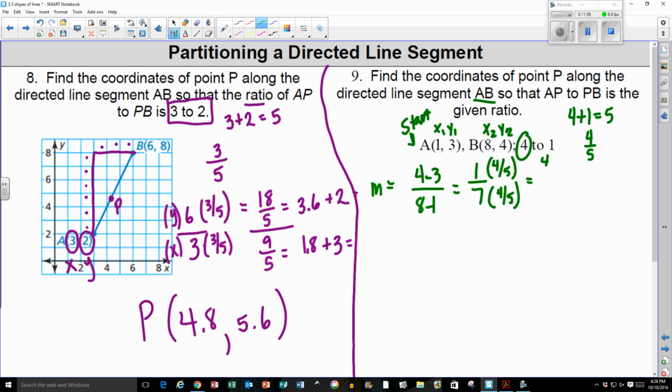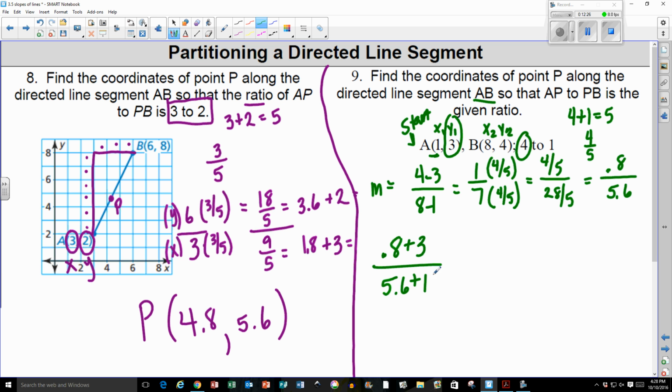So now I've got 4/5 over 28/5. These are nasty. So 4/5 is the same thing as 0.8. 28/5 is 5.6. So I'm going to take my 0.8 and add it to the Y value of my start. And I'm going to take 5.6 and add it to the starting point of my X's.